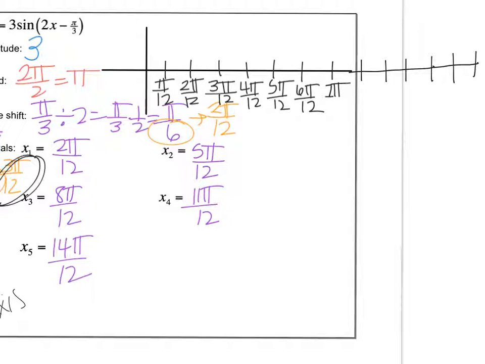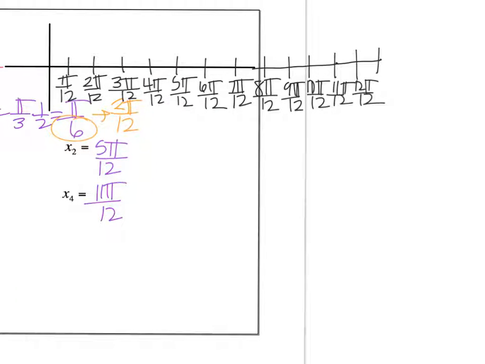If you don't want to label every single line, you could start to cheat a little bit here. 9, 10, 11, 12, 13, one more, 14.